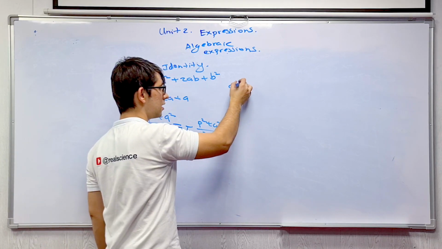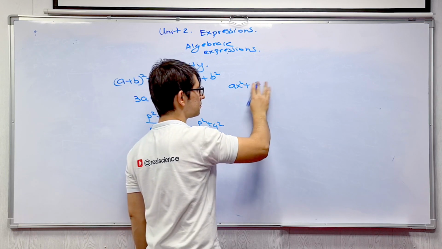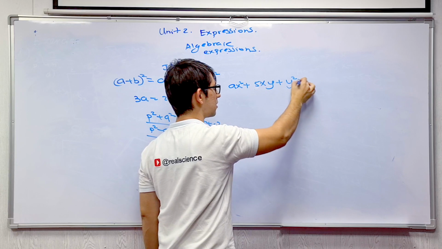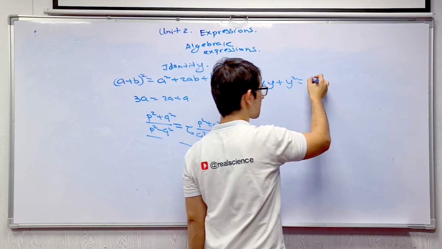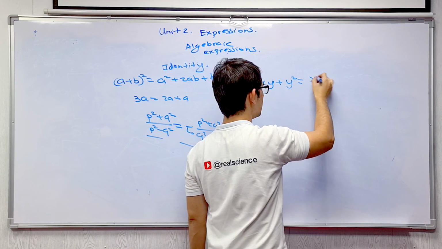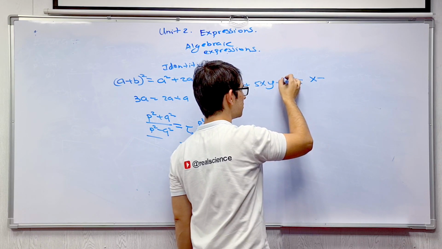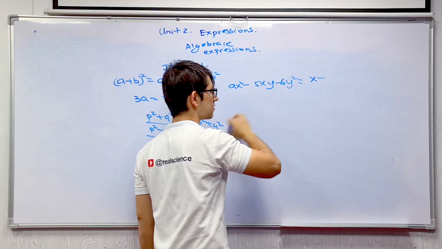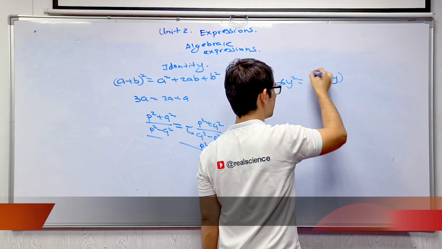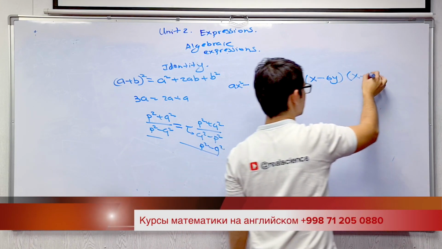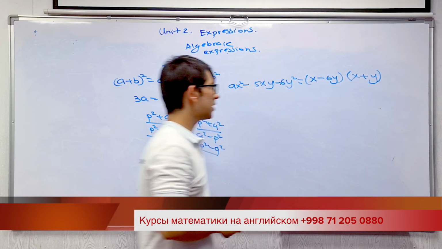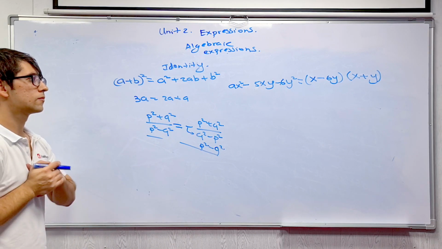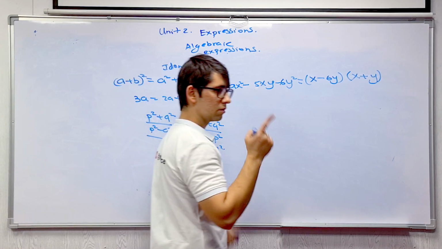So here we have x squared plus, let's say, 5xy plus y squared being equal to (x minus, let's write minus 5 here and minus 6 here) (x minus 6y)(x plus y). Can you find coefficient of a? 1. So it is equal to 1, right?